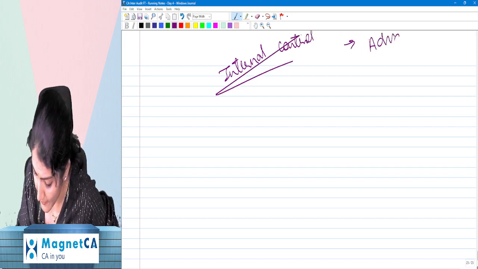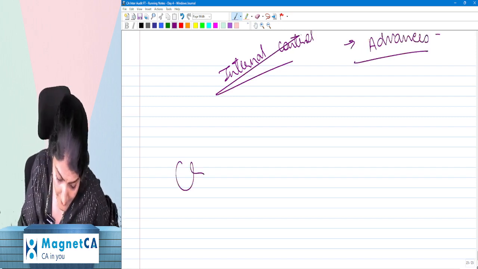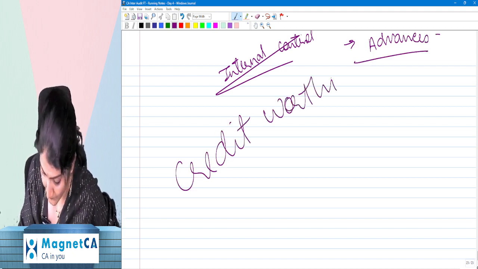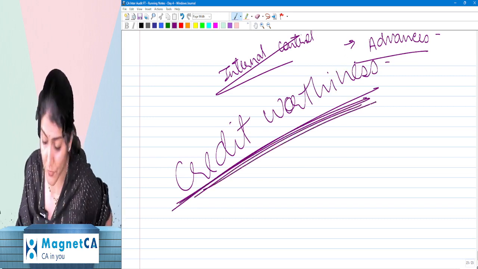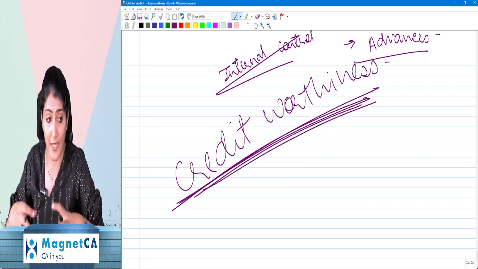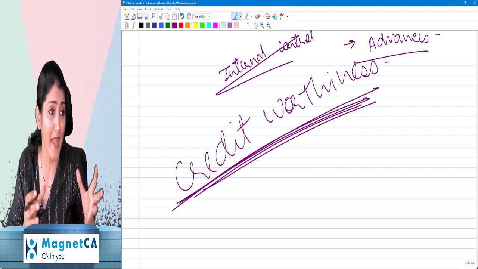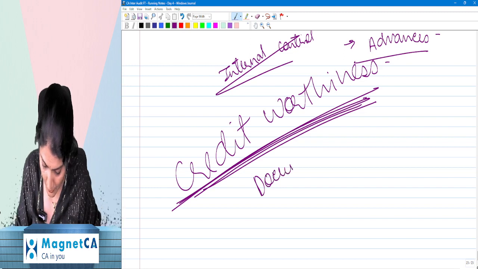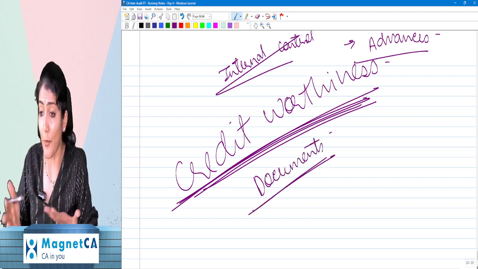First internal control is that the bank needs to do the assessment of the creditworthiness of the borrower. There should be a system in the bank to do the assessment of the creditworthiness of the borrower. The moment you go to the bank and say, we want a loan, the bank will say, go and get all these documents: income tax return, salary slip, all your property documents.